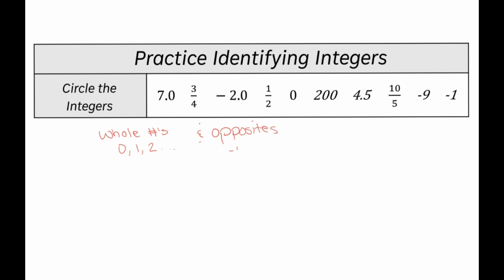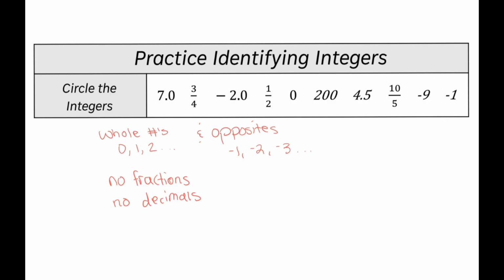So like -1, -2, -3, etc. Another thing to remember is that we cannot have fraction bars, so no fractions and no decimals. This is when simplified, okay, after we simplify it. So if we're given a fraction, simplify it first. If you get a whole number or the opposite of a whole number, then it is an integer, okay?